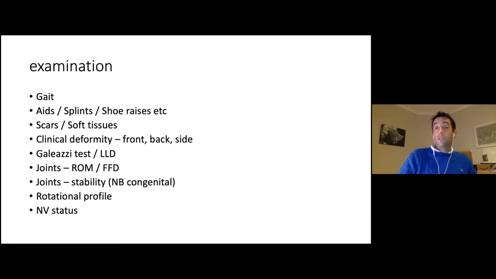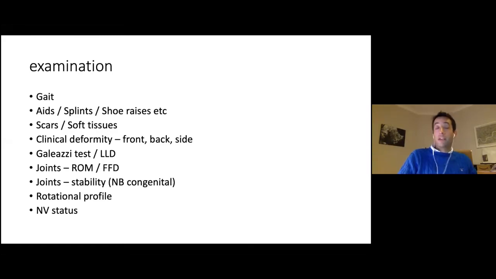You'll need to do your tests for leg length discrepancy. Usually the Galeazzi is my preferred test. And you must examine the joints for range of motion and for stability. That's incredibly important, especially in congenital deformities. And we mustn't forget the rotational profile and the neurological and vascular status of the limb.